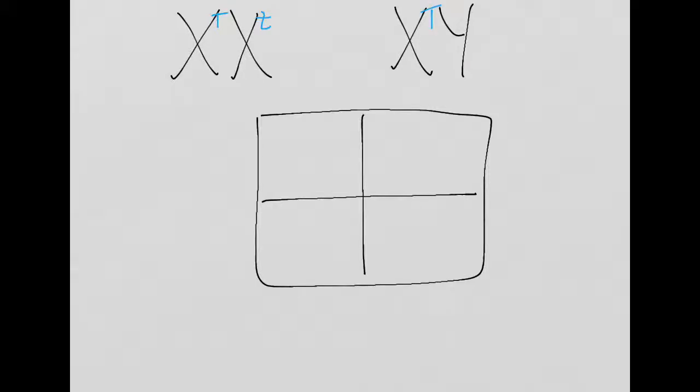They're both wild types, they both have red eyes. But notice how I wrote them, right? We have the X and then the capital or lowercase superscript to represent what allele they have for that particular gene. And so let's just write these into our Punnett square here.